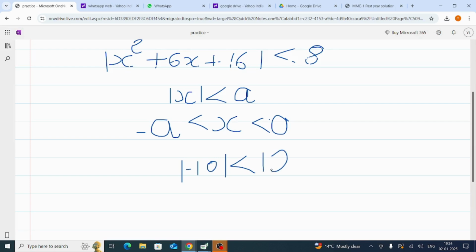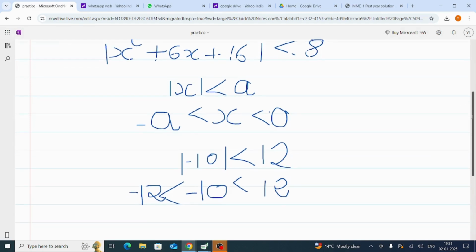Then what I have studied is that minus a will be less than x. So in this scenario, minus a would be minus 12, and if we go by the number line, then minus 12 is obviously less than minus 10, right? Minus 10 is greater than minus 12, and minus 10 is less than 12. So this is our basic concept.